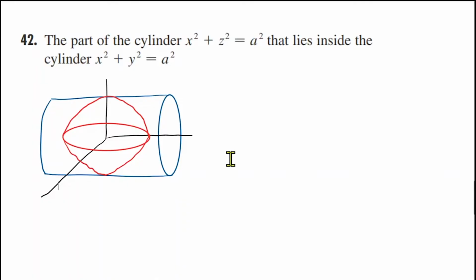Let me go back here. So it's not this. So the cross section will be. How am I going to sketch this? More like this, right? That top part that you see from the new calc, and then the bottom part.